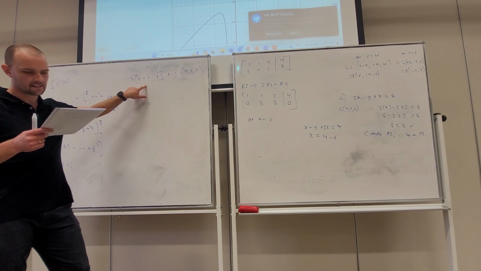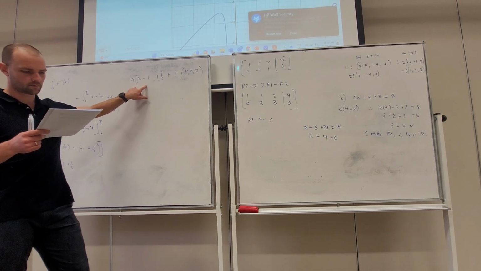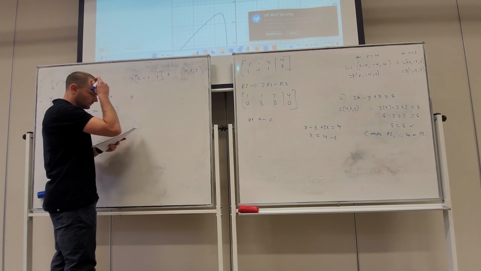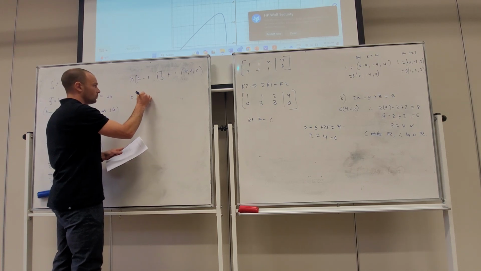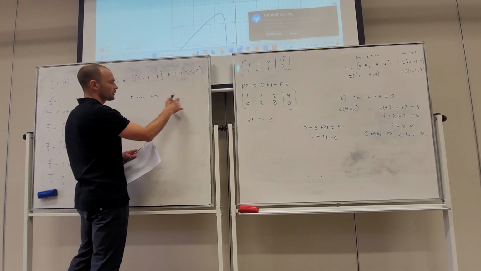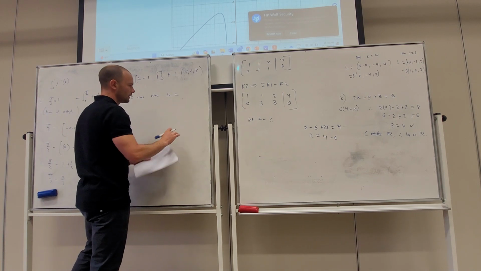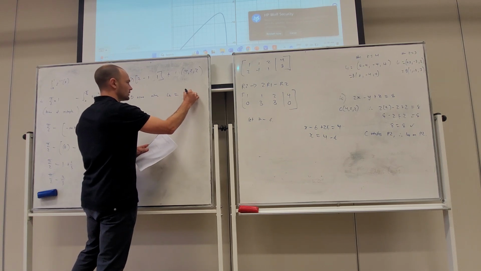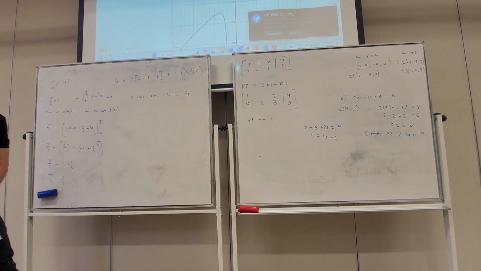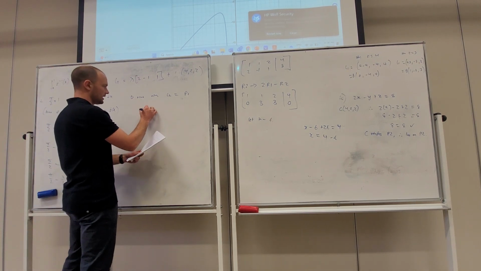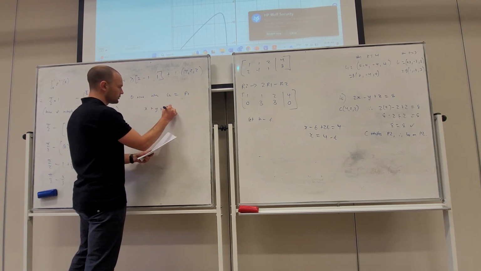Alright, show that D has the coordinates 0, 4, 0. So D occurs when this line, I'm going to call it line 2, coincides with plane 1. So what we're going to do is substitute the equation of line 2 into plane 1. Plane 1 is x plus y plus 2z equals 4.